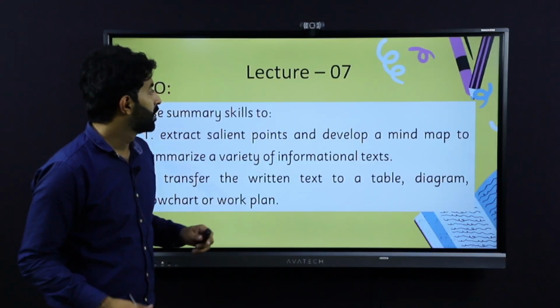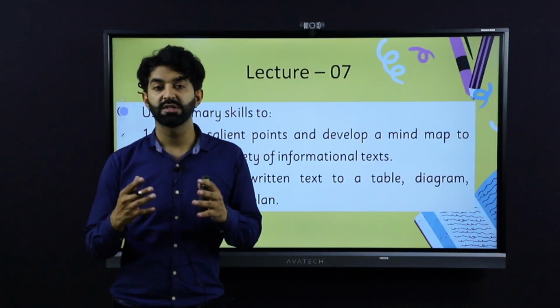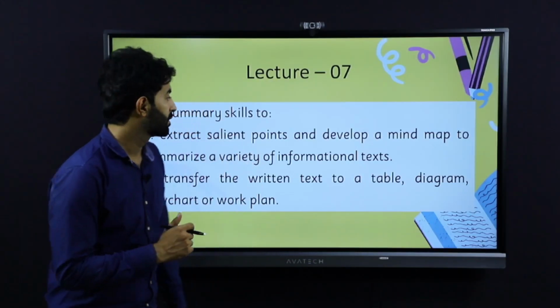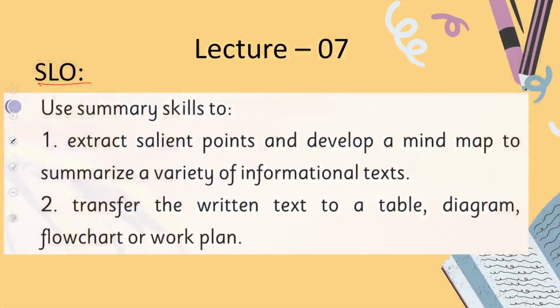Now, moving on to lecture number 7. In this lecture, we will be covering a student's learning outcome. Again, it is about having a good reading comprehension. We are going to talk about the summary skills.